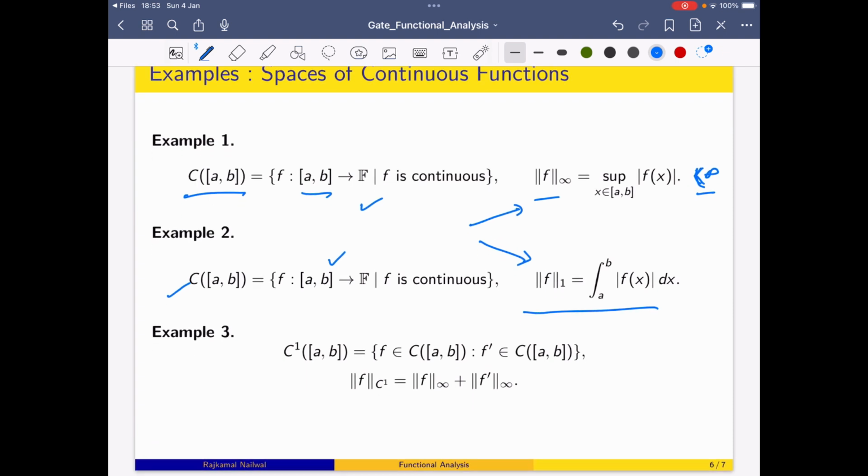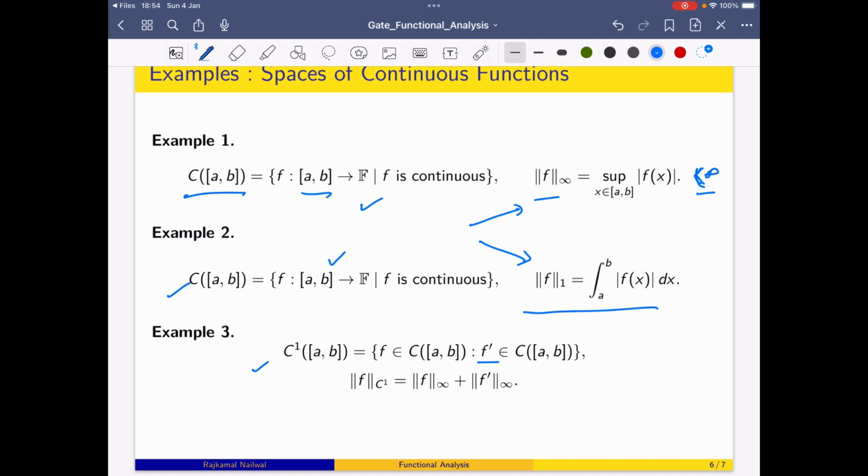Okay, next is the third, C1[a,b], and you can see that. What is C1[a,b]? It is nothing but the continuous functions on [a,b] whose derivative is also continuous. So you took a function from the continuous functions and its derivative should be continuous. That means the function has to be differentiable. In order to find its derivative, the function has to be differentiable and the derivative should be continuous.